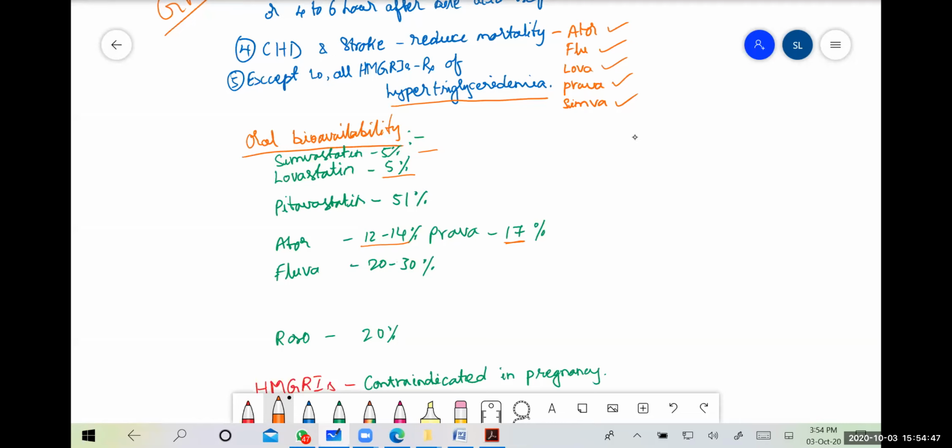The highest oral bioavailability statin is pitavastatin. The least are simvastatin and lovastatin, which, as we mentioned, are prodrugs. So the same prodrugs have the least bioavailability, whereas pitavastatin has the highest oral bioavailability.